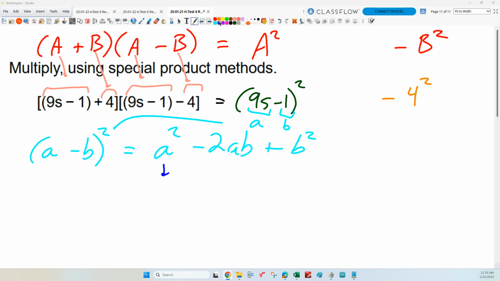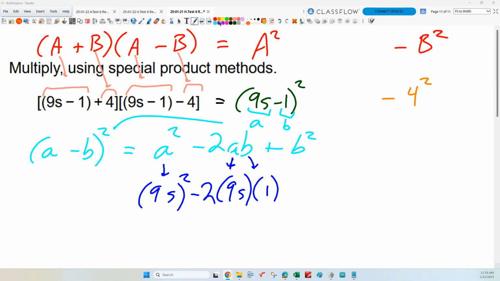A squared, that's going to be 9s squared minus 2 times 9s times 1, right? Plus 1 squared. And then don't forget, we've got this minus 16 out there at the end, don't we?